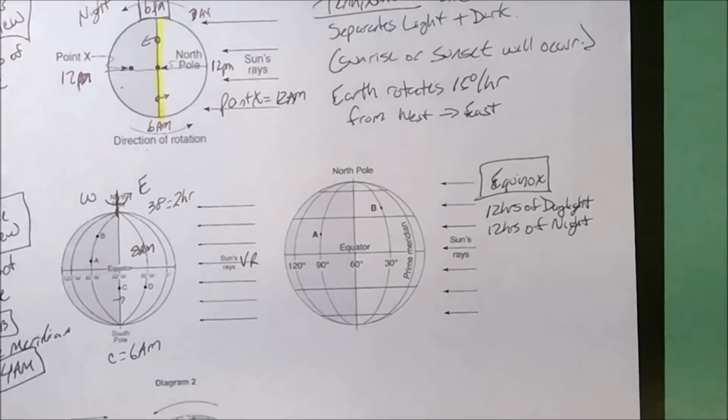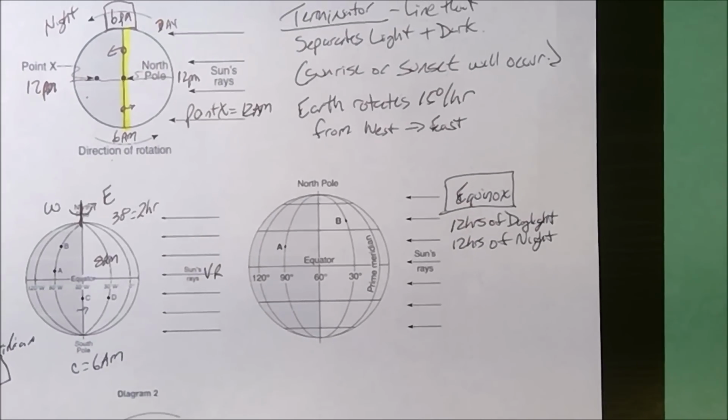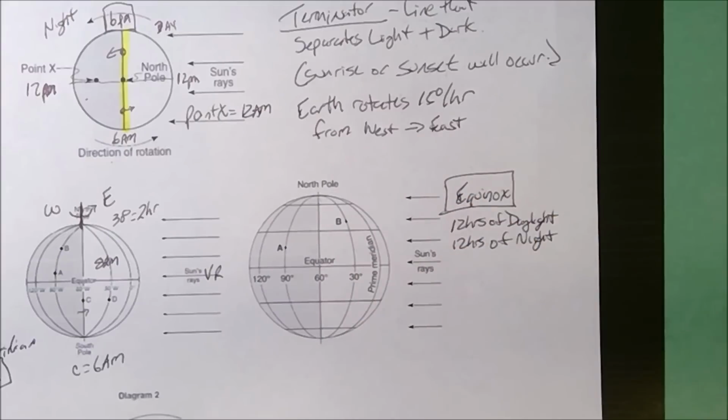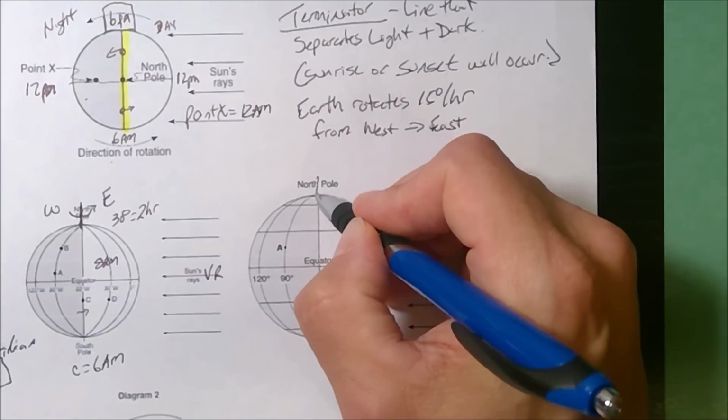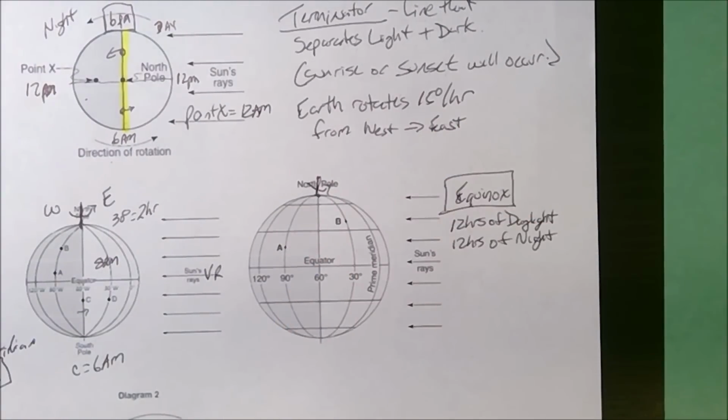Now, the model next to it, slightly bigger, no point on the Terminator, but the Earth is still rotating this way.